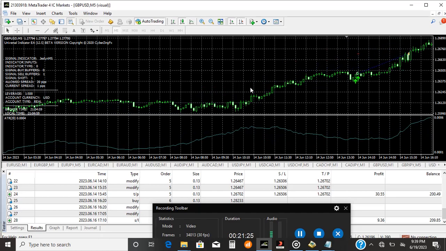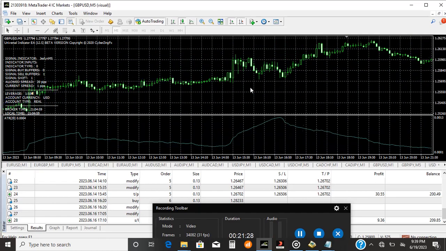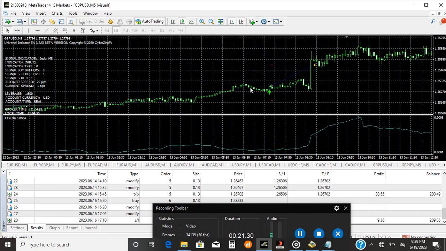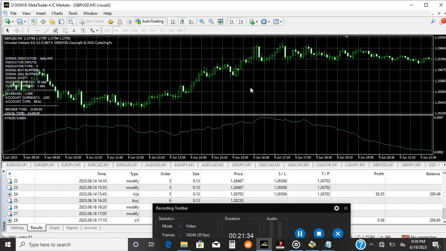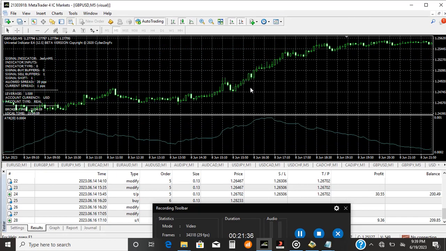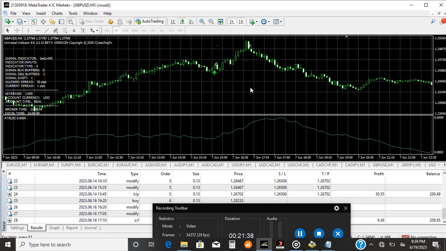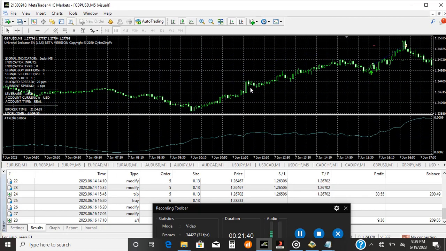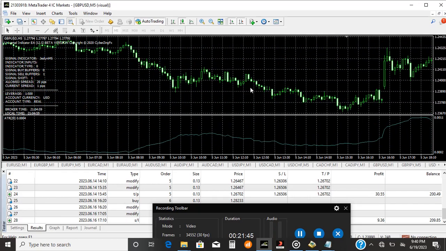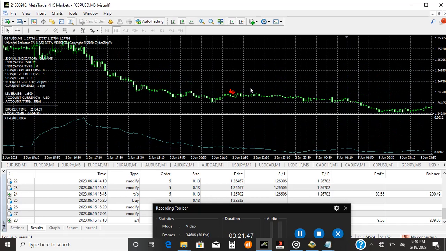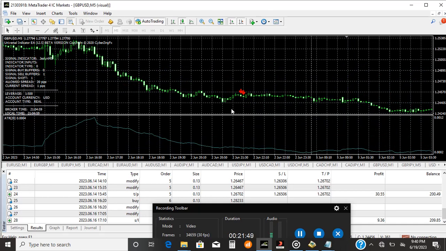We have another one here. We had another one here. As you can see, it came outside the time we are supposed to take the trade.